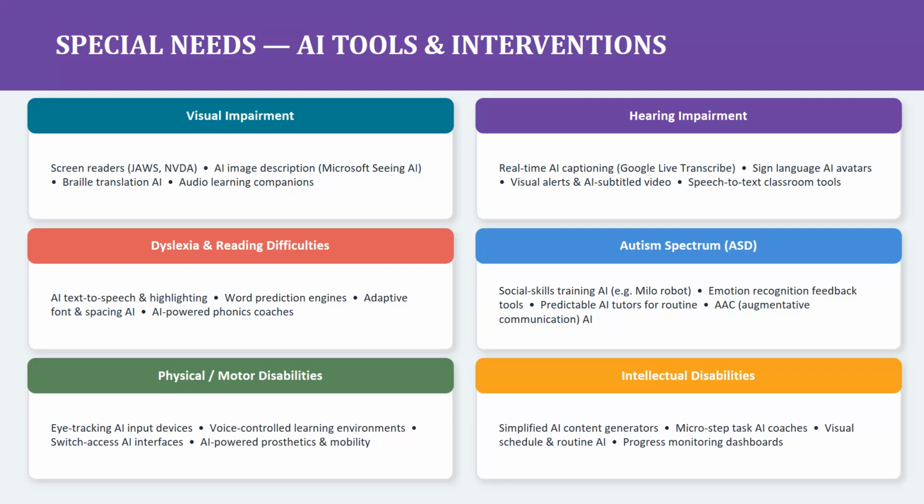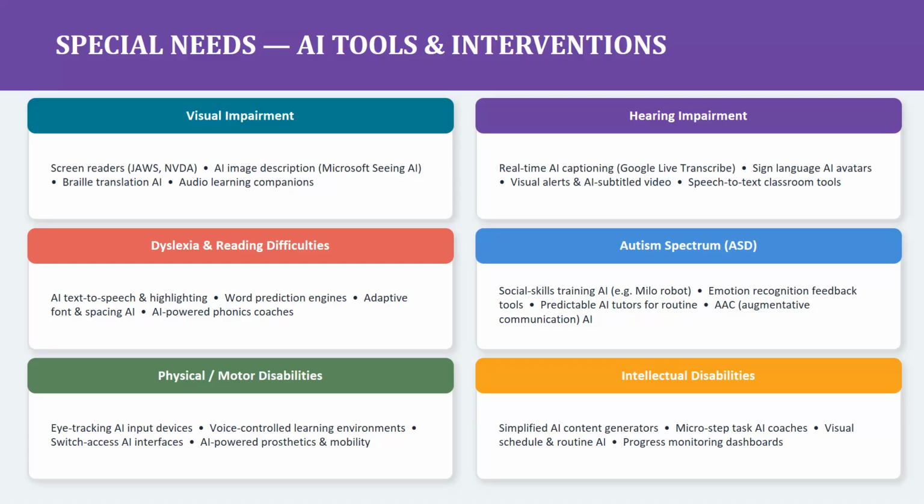Then you have the sign language AI avatars. We have the visual alerts and the AI subtitle videos. So we also have the speech to text classroom tools, which are also used to help learners or people with hearing impairment issues.